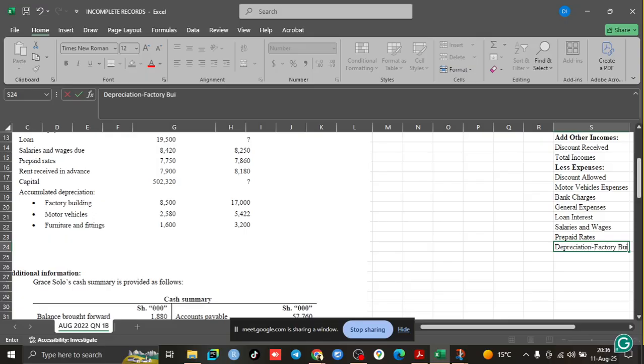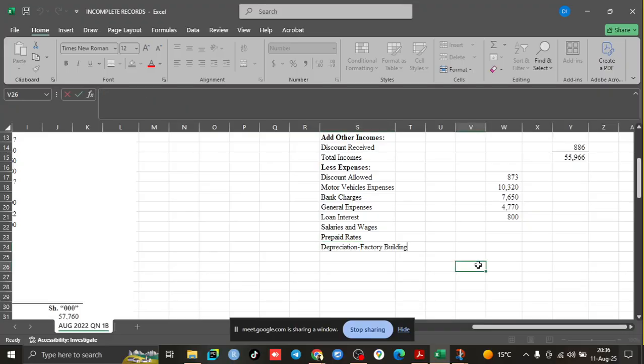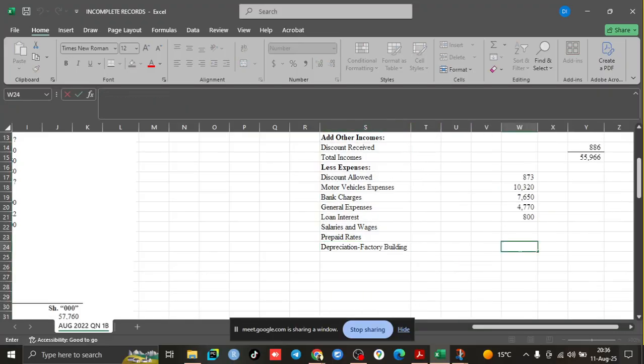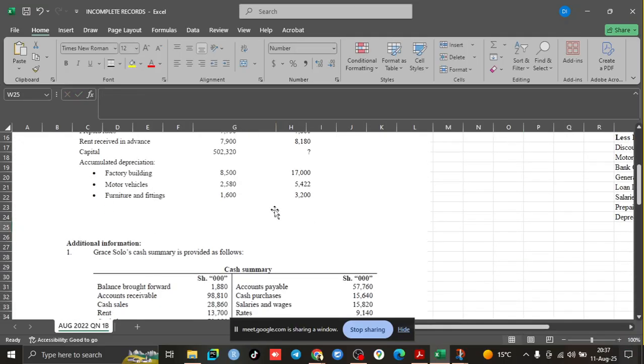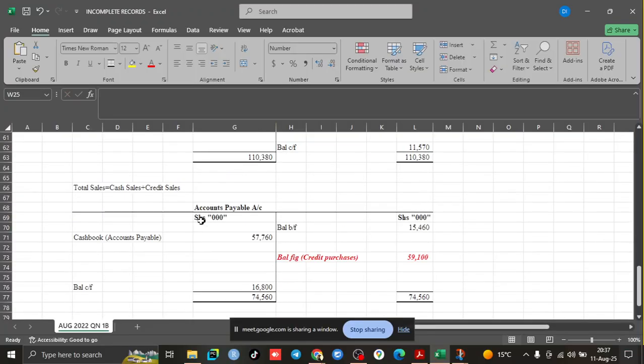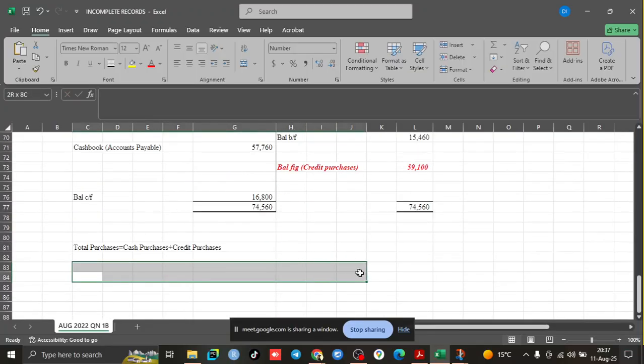Wacha kwanza nifanye the short way, then I go to the long way. The short way is simply chukua the value ya this year minus ya last year, pata depreciation as 85 for this year. The longer way, you chore an account of accumulated depreciation ya building like this.